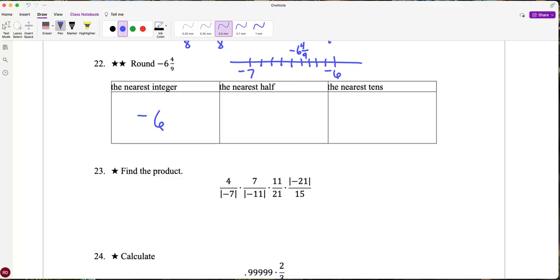The closest half is going to be -6.5. The closest tens, so it's going to be what, -10. Or sorry, no. If I go to the closest tens, so tens are what? -10, 0, 10, okay. So if I count by tens, the closest tens is going to be 0.